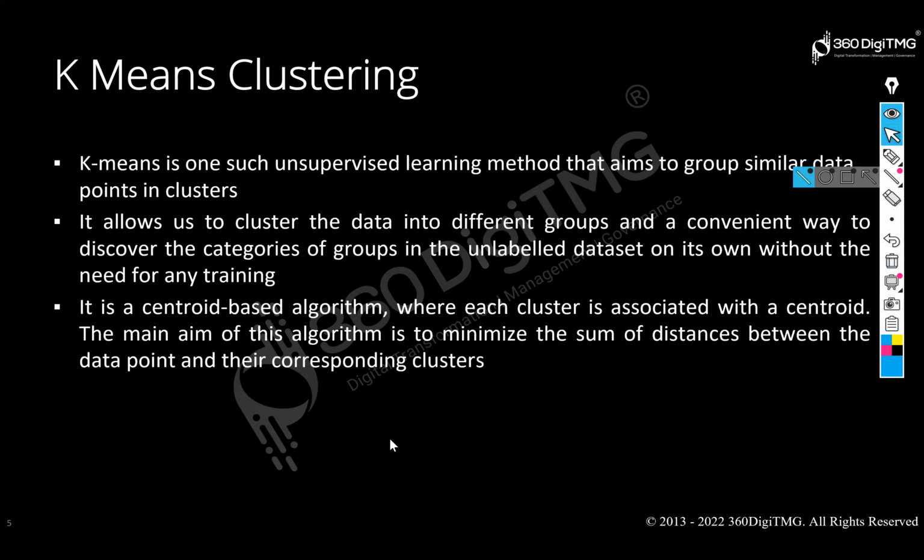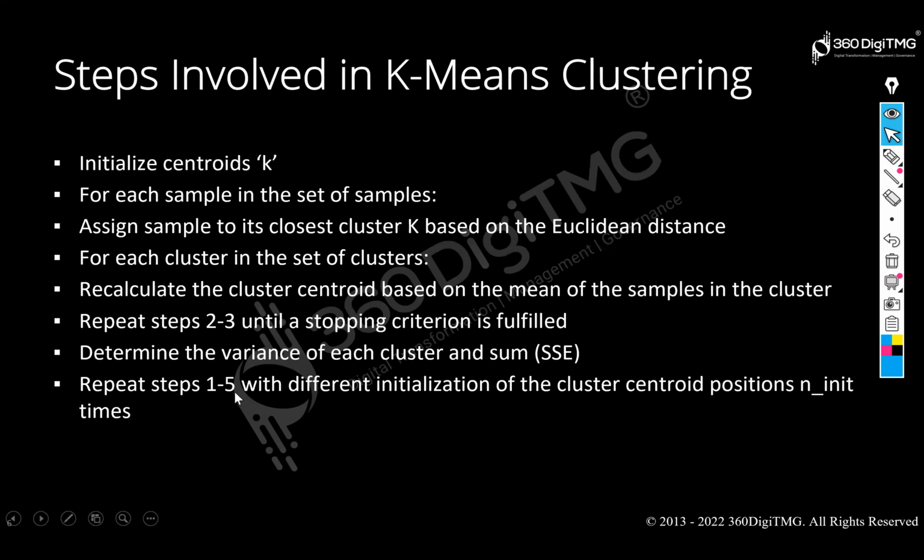Now, initialize the centroid K, first step, as we know. For each sample in the set of samples, assign the sample to its closest cluster K based on the Euclidean distance.